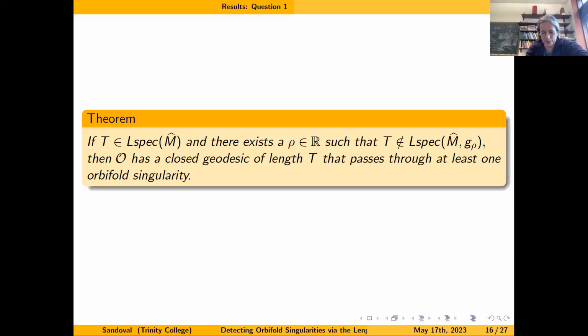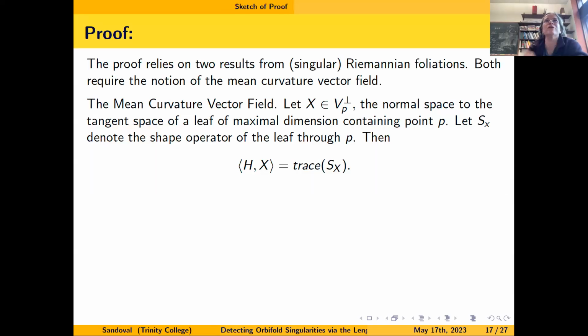So let me just check the time here so that I don't run over. I might abbreviate this section. So the proof here is pretty simple, and it just relies on two results from singular Riemannian foliations. Both of them need the notion of mean curvature, the mean curvature vector field. So let me just briefly review this.